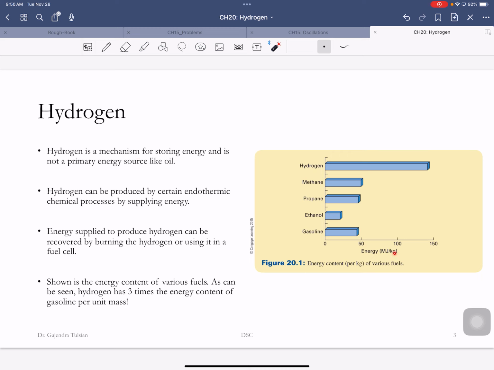Energy per kg. 1 kg is 2.2 pounds. So energy content, this is in megajoules per kg. Gasoline has about 50 megajoules per kg. And look at hydrogen. Hydrogen has 3 times as much, 150 megajoules per kg.